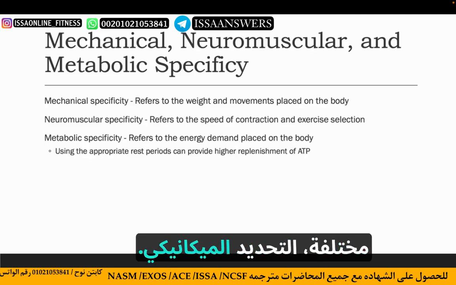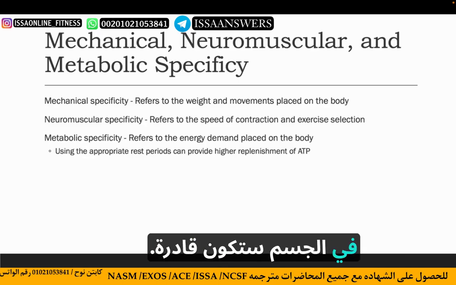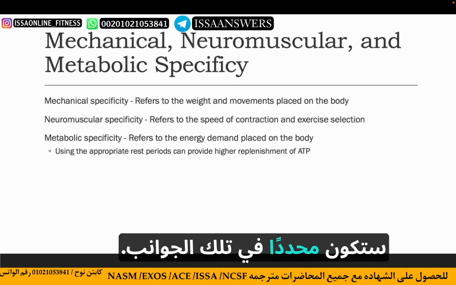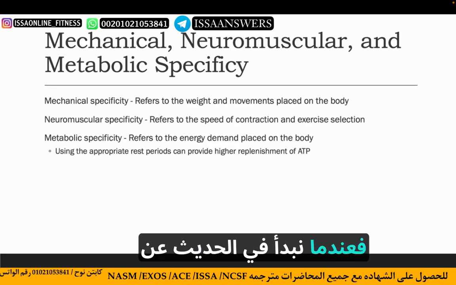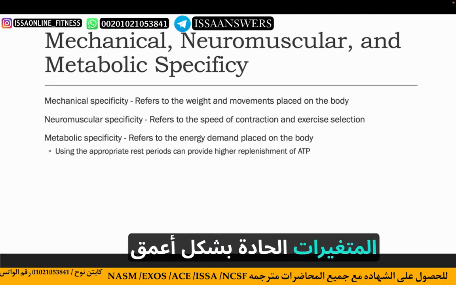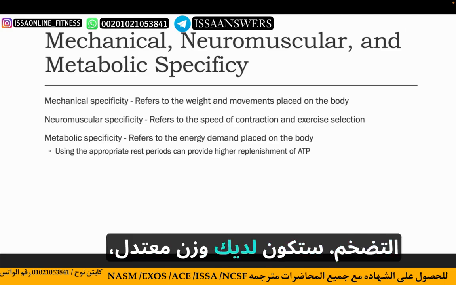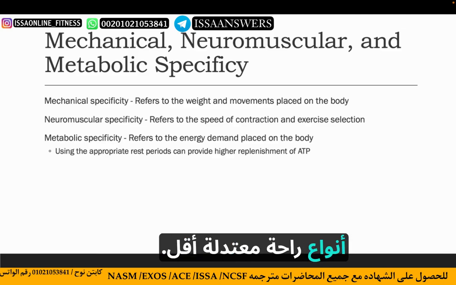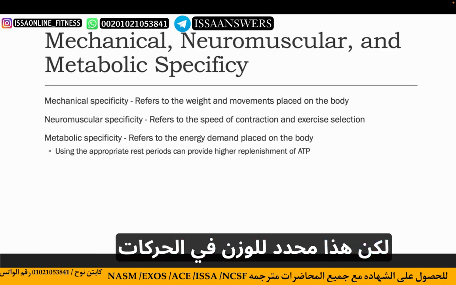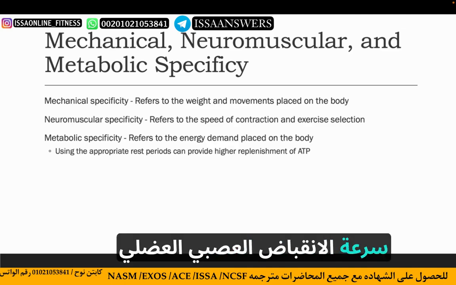Mechanical specificity, so weight and movements that are placed in the body, you'll be specific in those regards. So when we start talking about the acute variables a little bit deeper, what you end up with is hypertrophy. You're going to have moderate weight, moderate reps, moderate to lower types of rest, but that's specific to the weight and the movements that you're going to do.